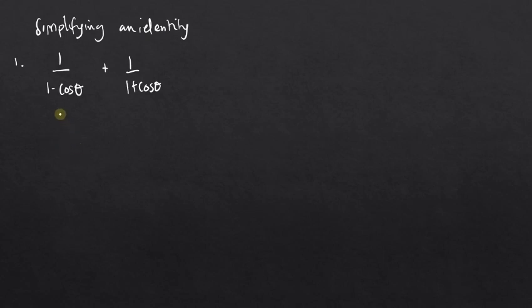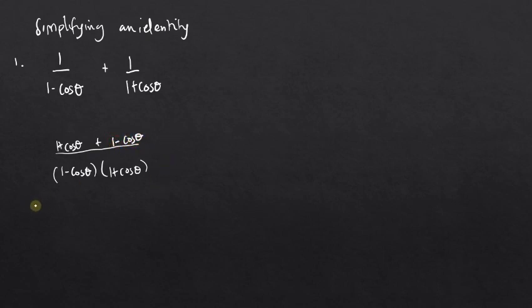So to solve this, you need to find the LCM of this, and the LCM will be the multiplication of the two. So we'll just have 1 minus cos theta, 1 plus cos theta. What I'm trying to do here is to simplify these two fractions into one, so that I'll see the things that will cancel out. When you put this one inside, you have 1 plus cos theta, then plus 1 minus cos theta.